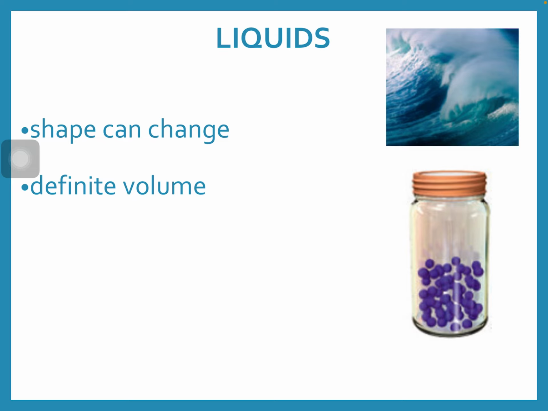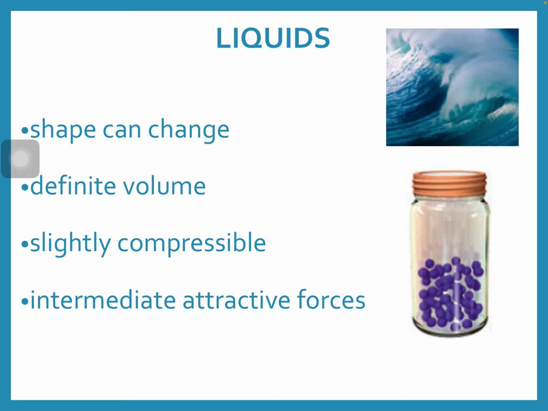It will simply have a smaller diameter and a greater height. The particles in liquids have a bit more space between them, so there's a little bit of compressibility, but they're still quite tightly packed compared to gases, so there's not a lot of compression that can happen in liquids either, just more than in solids.